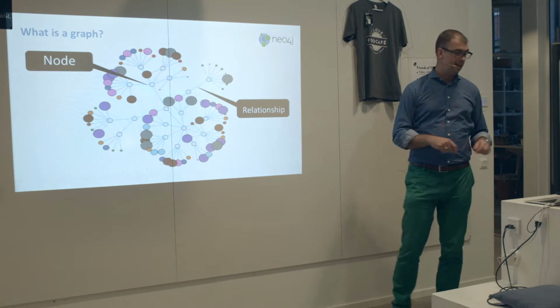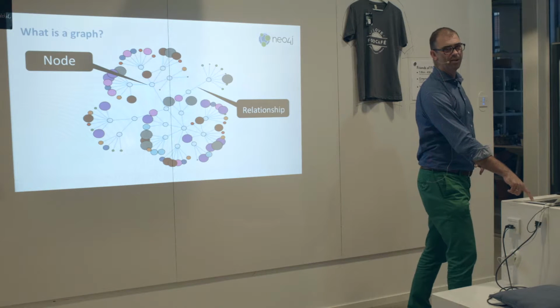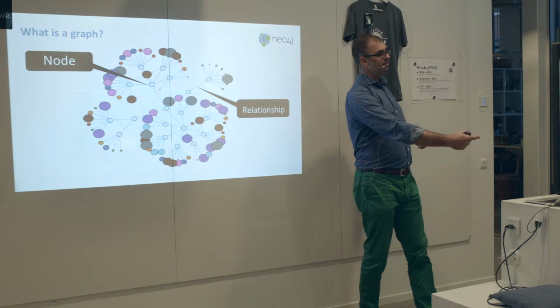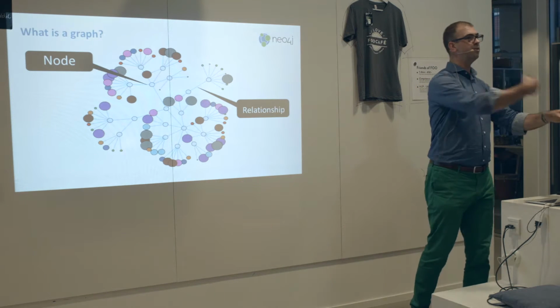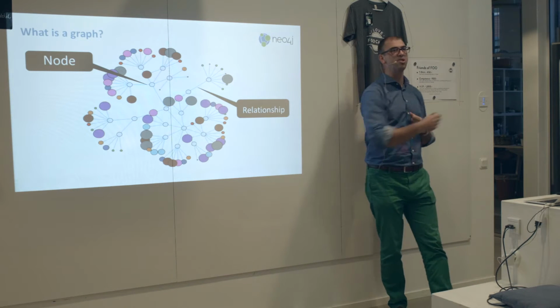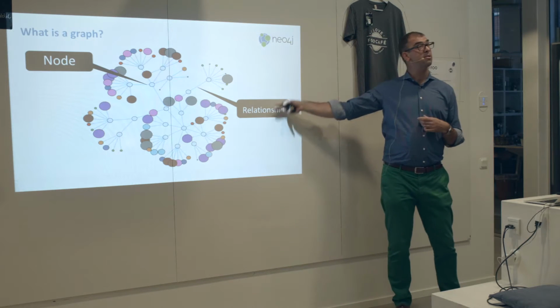So I can say, Rick owns computer, or actually Emil does, but that's okay. You know what I mean, right? Or Rick drinks beer. So two instances of entities and a relationship between them, right? And those relationships can have properties as well.